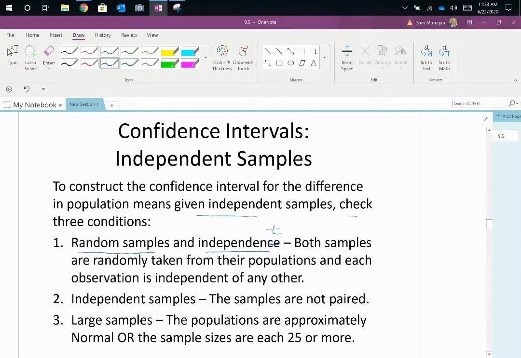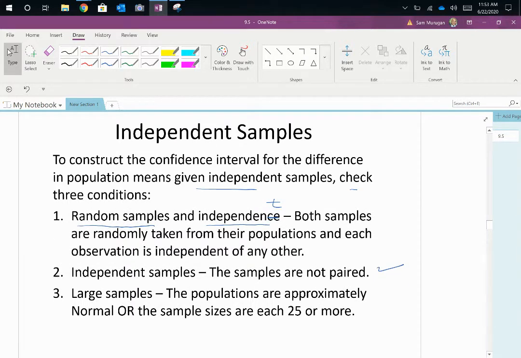Both samples are randomly taken from their population and each observation is independent of the other. Next, the samples are not paired. Independent samples, and that's specified already. And finally, large samples: the populations are approximately normal or sample sizes are each 25 or more. Okay, so either or has to hold for large samples. And this is when you want to find confidence intervals for independent samples.